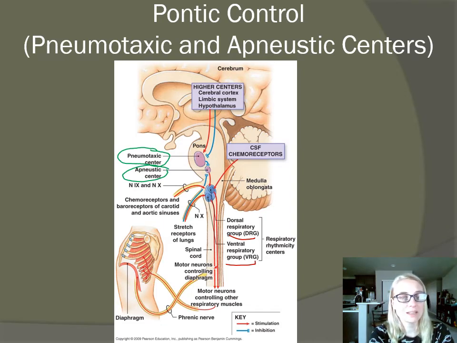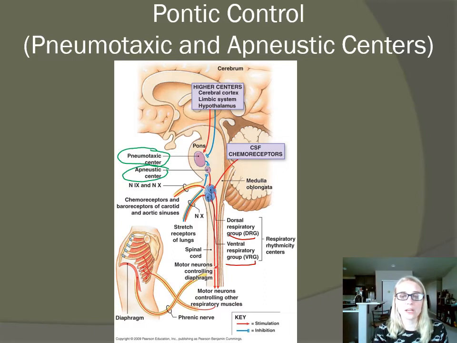So if you activate the pneumotaxic, that would be inhibiting the apneustic, which would be inhibiting the DRG. See what I said? It's a lot of word jumble. So when you look at the ultimate goal of what needs to happen based on your situation, you need to not only look at what's happening in the medulla with setting the rhythm of your breathing, but how that is regulated by these higher centers.